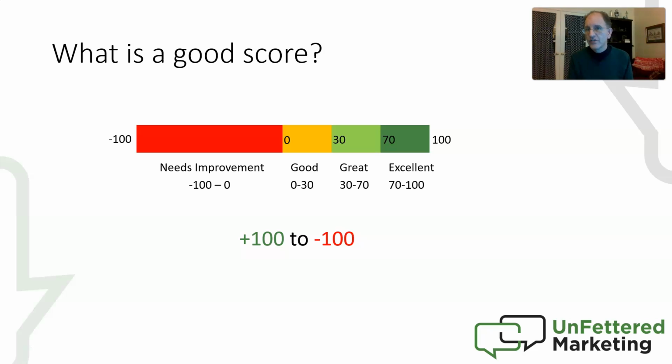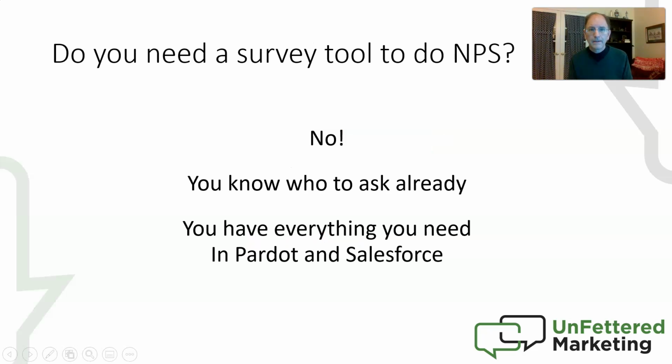So there's then relative degrees of that, ranging from 0 up to 100. So you might put them in sort of thirds buckets for good, great, and excellent. I mean, obviously, if it's basically 100, you have no detractors at all, and everybody else of your promoters loves you. So that's obviously the best score you could possibly have.